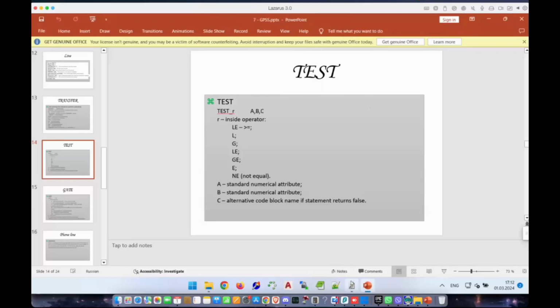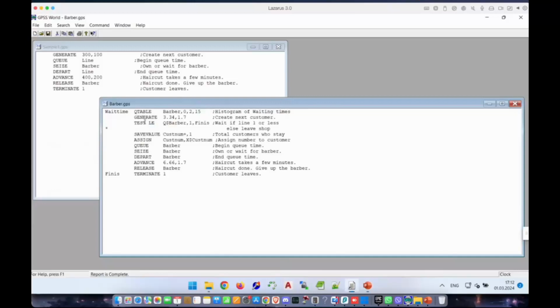So if we return to the code, here we would have a 1. Okay, it is a numerical value, all is good. Finish as well is the name of the line which is written here, so all is good. So what is Q$barber? That could be the question. Here we have the Q$, which means that we are affecting some of the values.